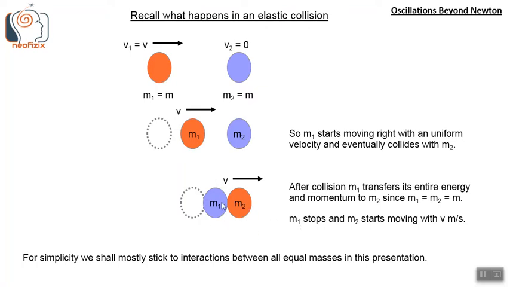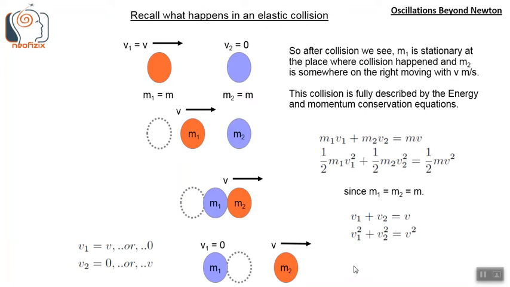After collision, m1 stops and m2 starts moving with velocity v meters per second, same as m1 in the first step. For simplicity, we shall mostly stick to interactions between all equal masses in this presentation. So after collision, we see m1 is stationary at the place where the collision happened, and m2 is somewhere on the right, moving with v meters per second.